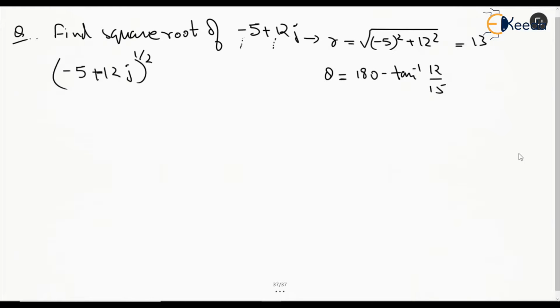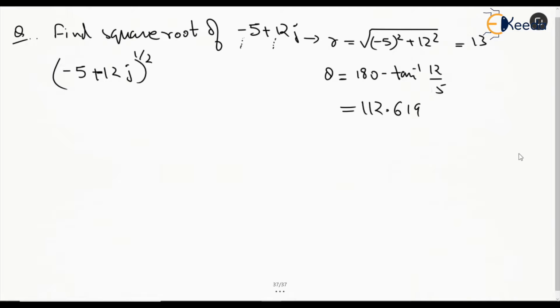Being in the second quadrant, this theta is going to be 67.38, and subtracting it from 180 will give it to be 112.619, or approximately 112.62.